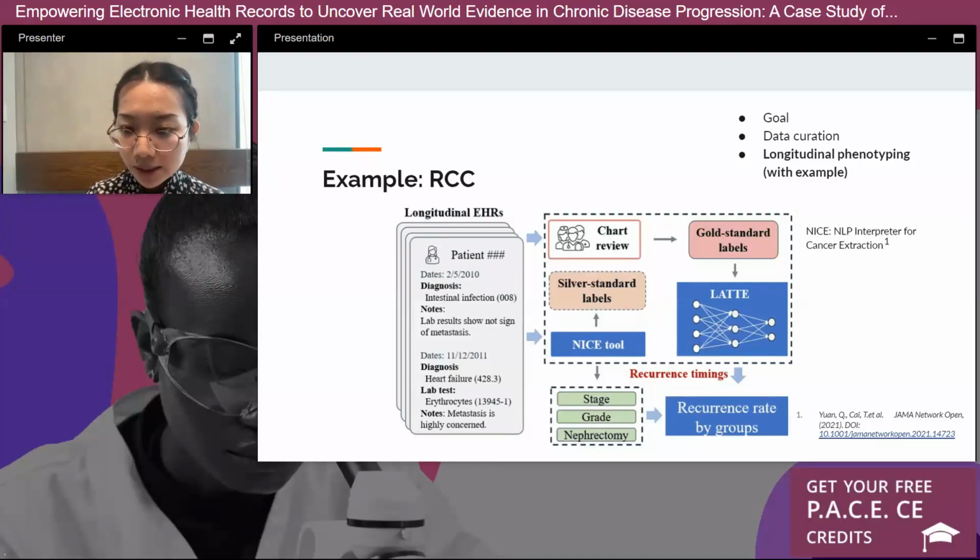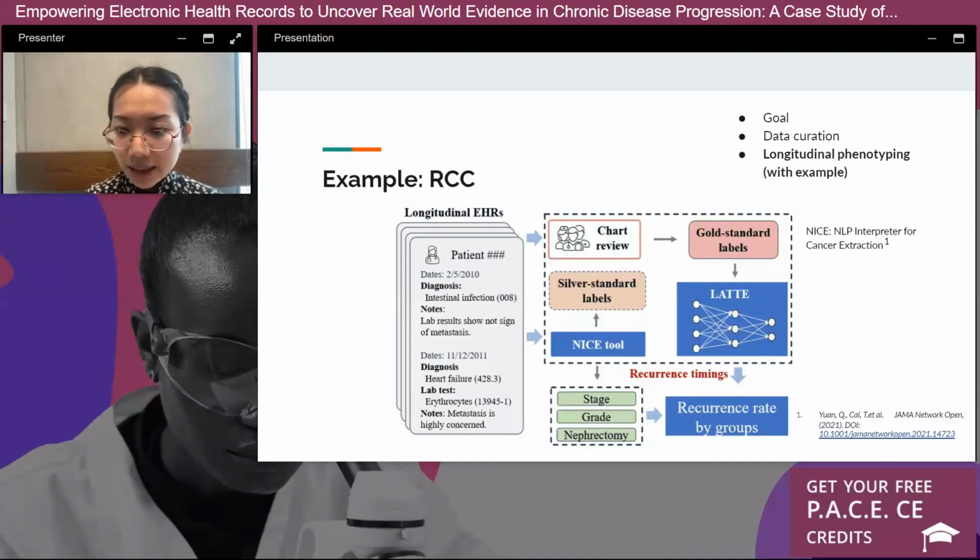So what this tool does is that it could take the clinical notes and then extract the stage, the grade, and the nephrectomy information from that clinical notes. And then we sort of use that as a particular silver standard label. And obviously on the side, we do have some gold standard labels that were curated from chart review.